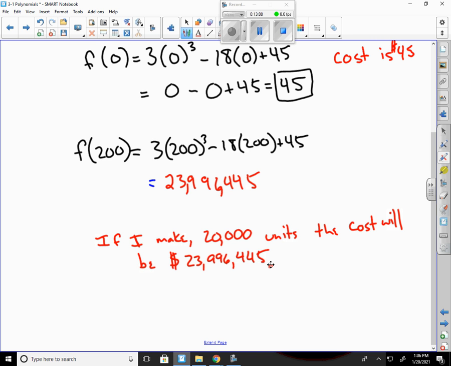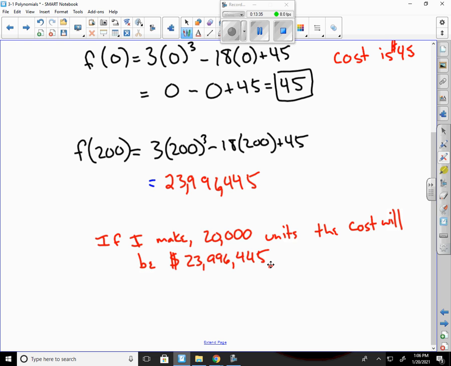In other words, a lot of people will look at this stuff and say, well, I don't understand how this applies to me. If I'm actually looking at producing something, I need to get more out of it than what I'm putting in. If it cost me $23,996,445 to produce 20,000 units of something, then I would need to charge more than that.